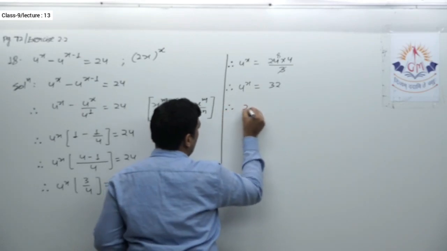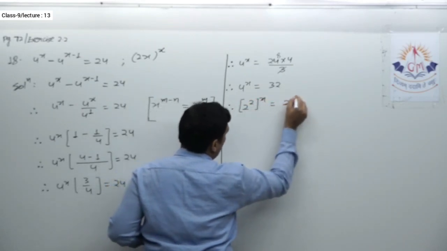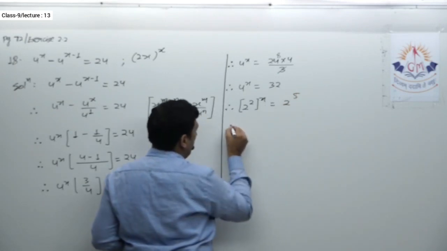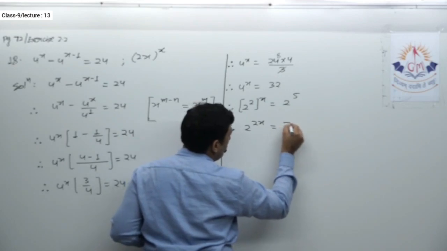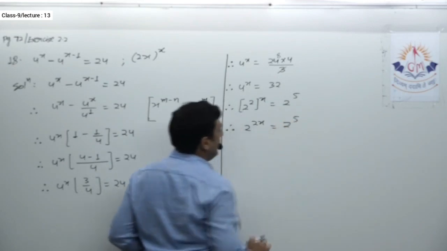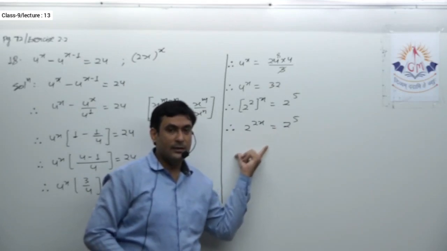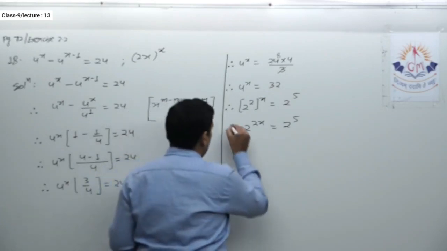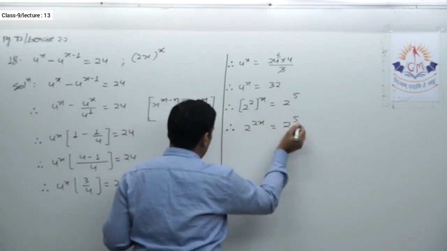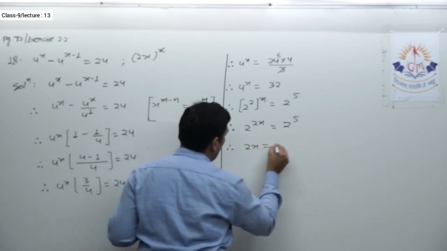So here I can write 2 squared, and this is directly 2 raised to 5. So I can write over here 2 raised to 2x is equal to 2 raised to 5. So here I got an expression in which the bases on both sides are the same, and as soon as the bases on both sides are the same, I can write here 2x is equal to 5.